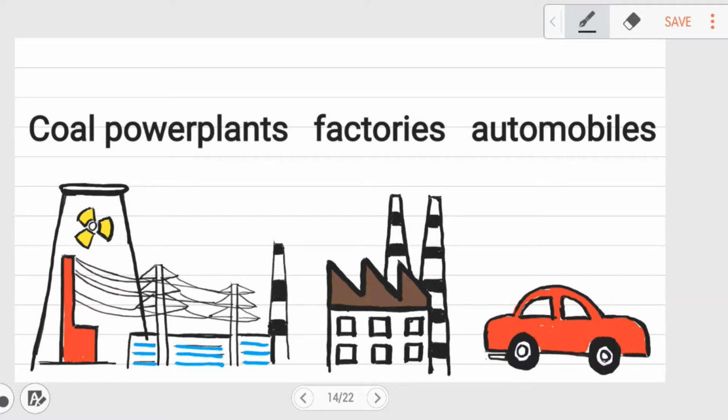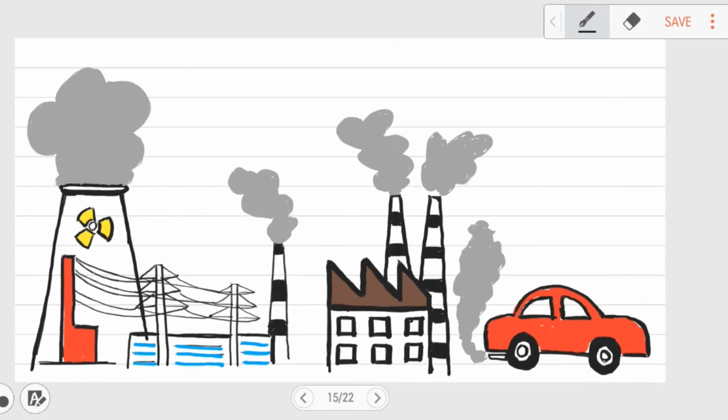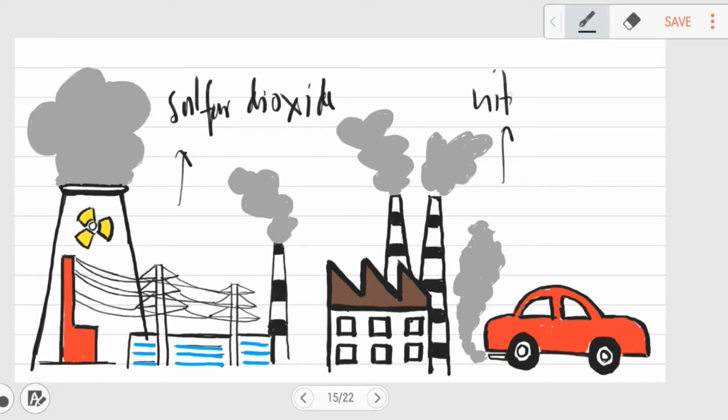When humans burn fossil fuels through these sources, sulfur dioxide and nitric oxides are released into the atmosphere.